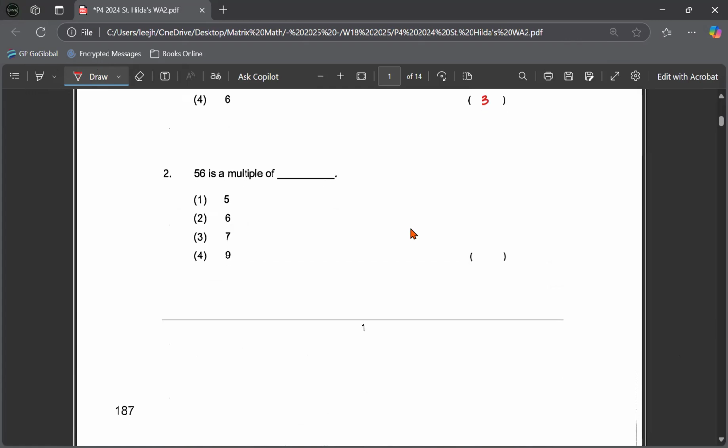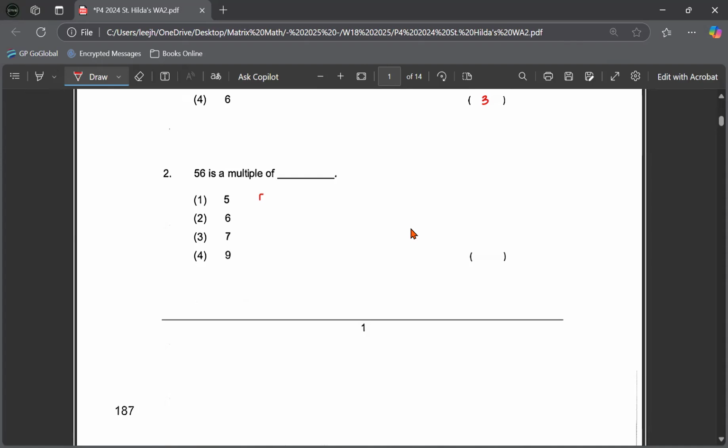56 is a multiple of which number? So that means this 56 can be divided by one of these numbers without any remainder. Okay, so you know that 5 is not possible because there'll be a remainder. What about 56 divided by 6? It's actually 9, remainder 2.